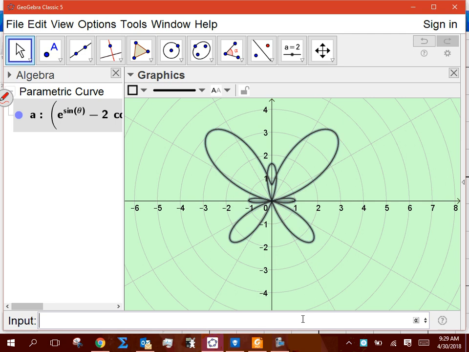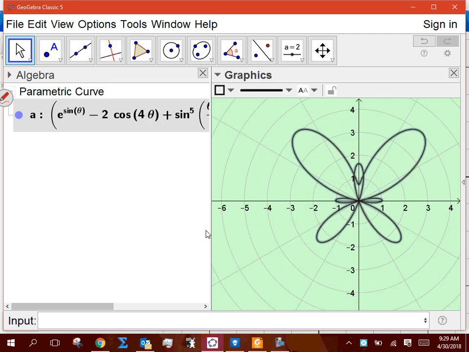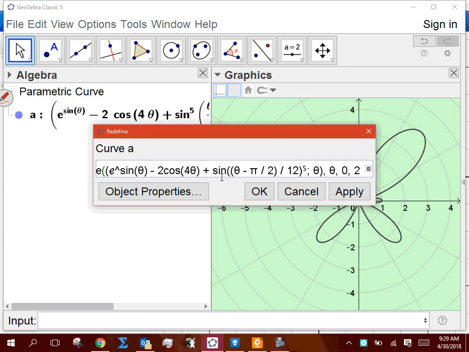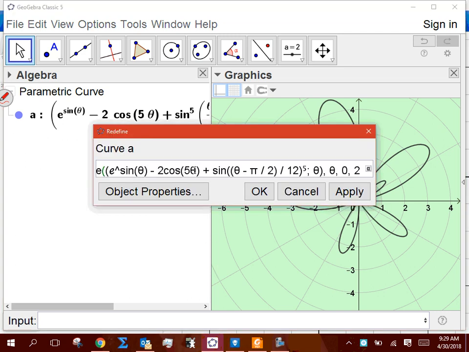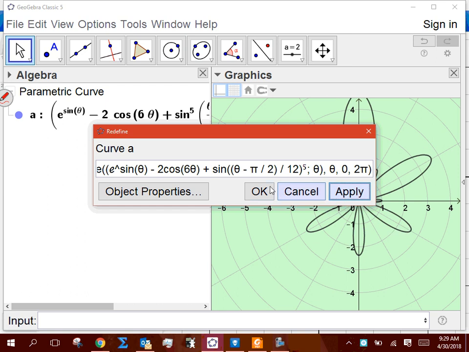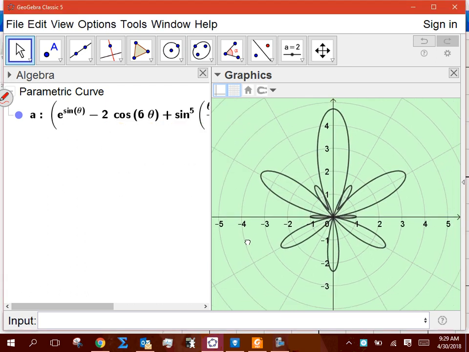And you can start manipulating these things and messing around. Let's see what happens when I change that 4 to a 5. Looks like that. Not much of a butterfly anymore. But when I go back to that, it looks more symmetric now.